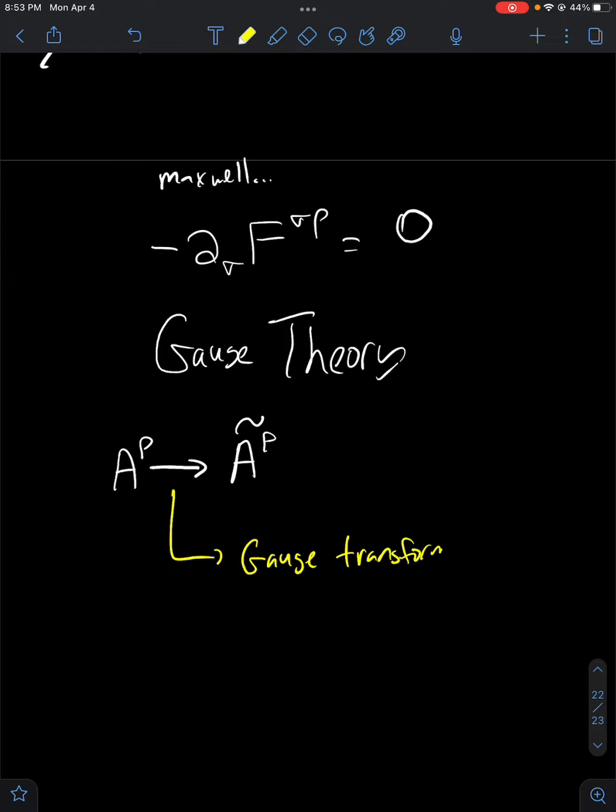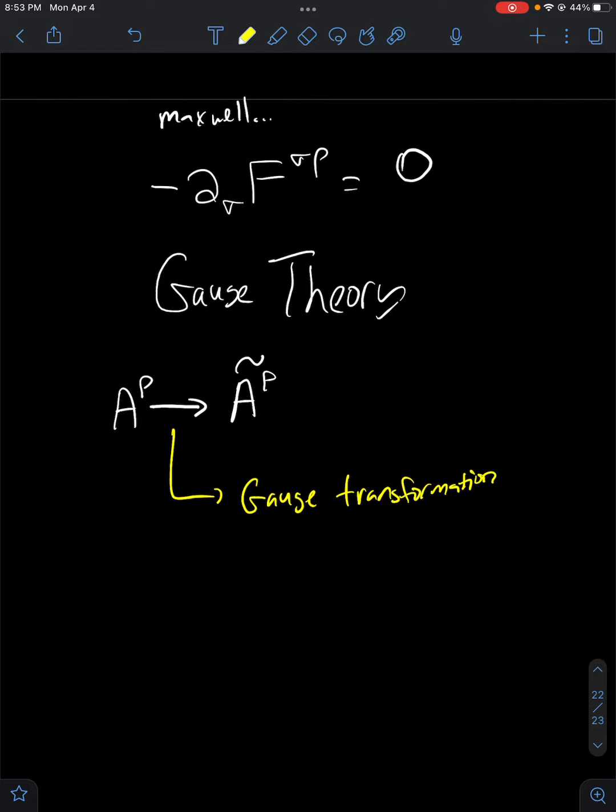Now, technically speaking, it's only a gauge transformation if it's local, but that difference is not very significant. So for our purposes in this video, any transformation on the field itself is a gauge transformation. Gauge transformations are also called internal transformations.